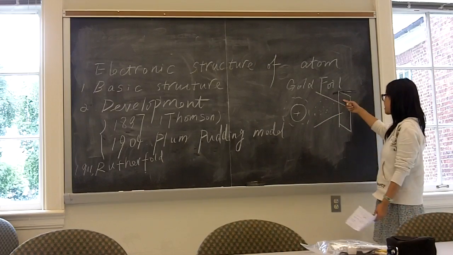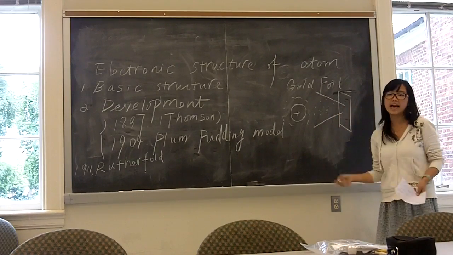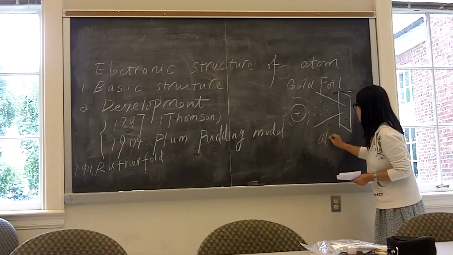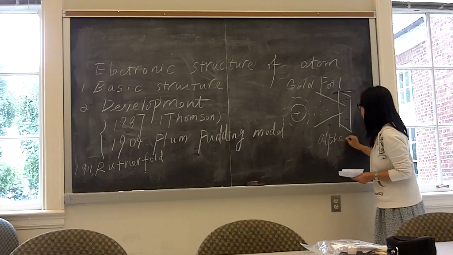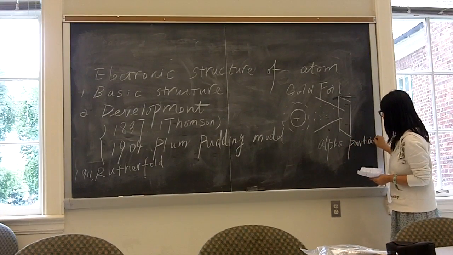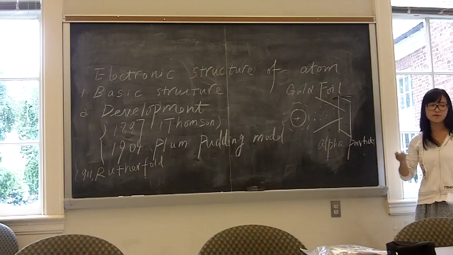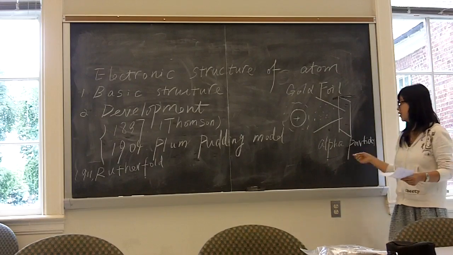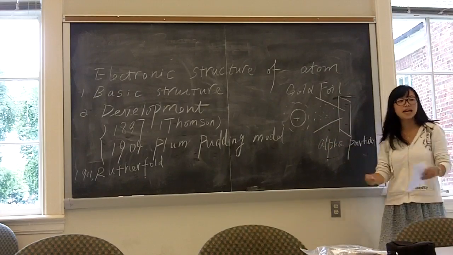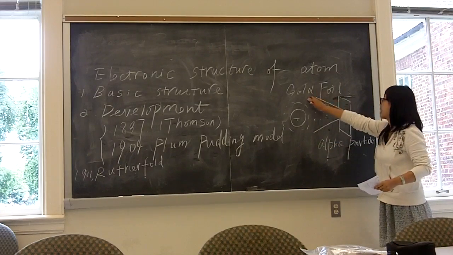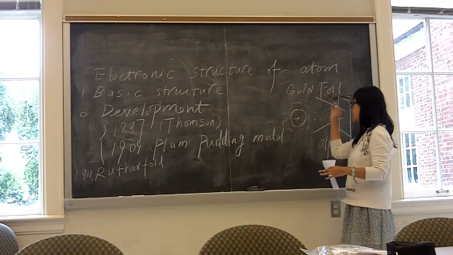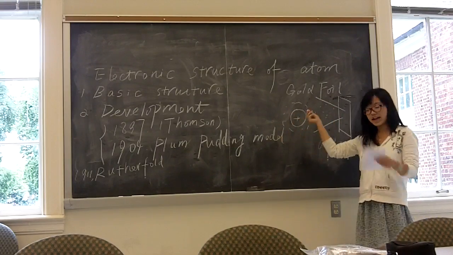And he used a source to spread out a bunch of alpha particles. If you don't know alpha particles, don't bother. They are just particles moving forward so quickly in this experiment. So he used this to send a bunch of alpha particles to collide with the atom.